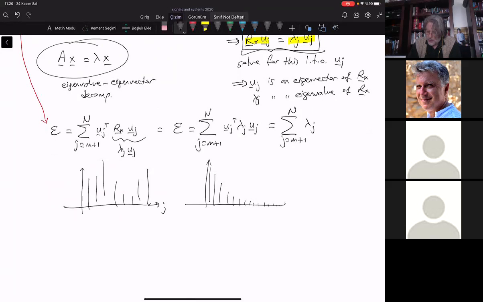And whatever the m is, this is m, everything from m plus 1 to capital N is the summation of those small eigenvalues. So instead of keeping those eigenvalues as randomly distributed, let's order them in a descending order.